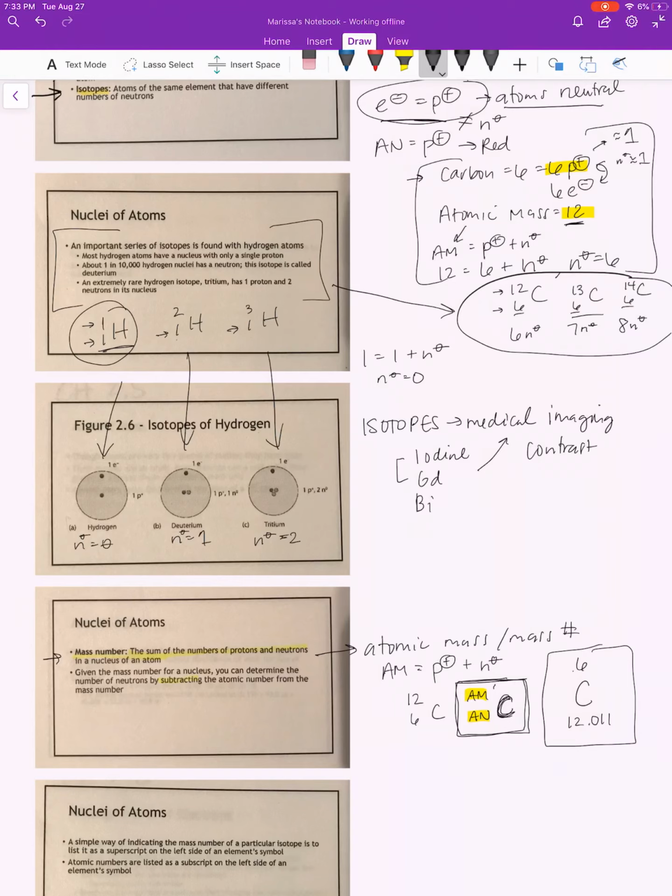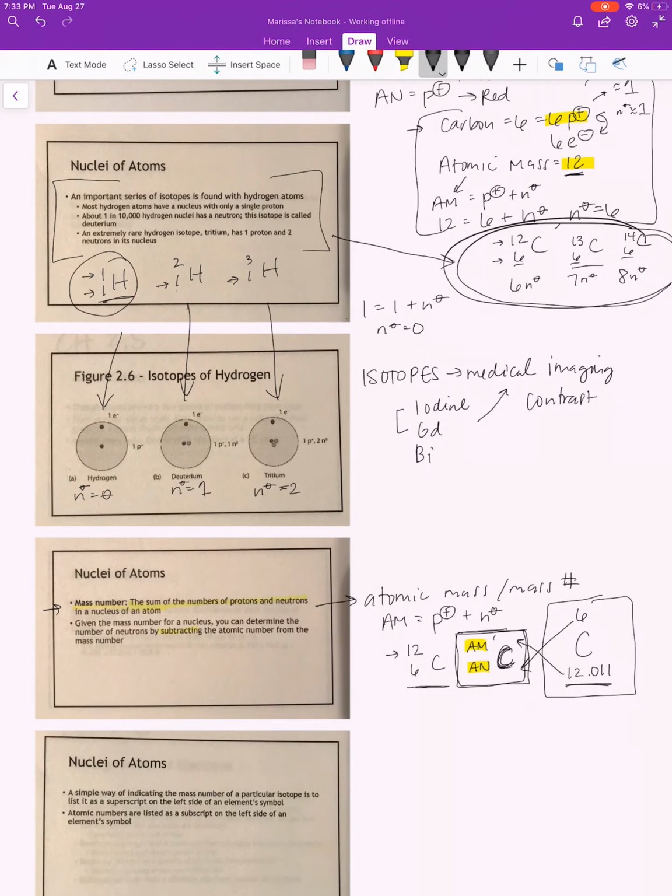So you're going to see that they flip. The atomic number goes down there, and the atomic mass goes up there. But here, it's not a whole number because it's an average of all of the isotopes found in nature. But when we write it in isotopic notation, because we're talking about carbon-12 only, we're going to use a whole number. Okay, so that's the difference you see there.